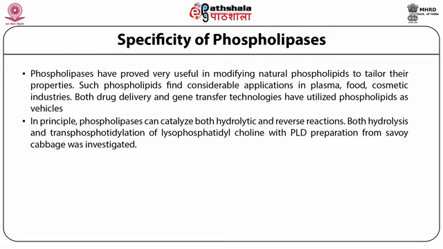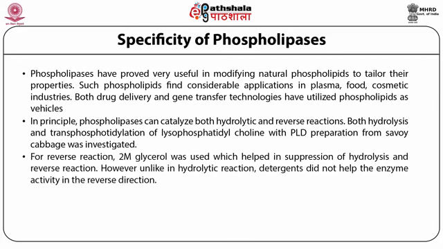transphosphatidylation of lysophosphatidylcholine with a phospholipase D preparation from Savoy cabbage was investigated. For the reverse reaction, 2 molar glycerol was used, which helped in suppression of the hydrolysis. However, unlike in the hydrolytic reaction, detergents did not help the enzyme activity in the reverse direction.